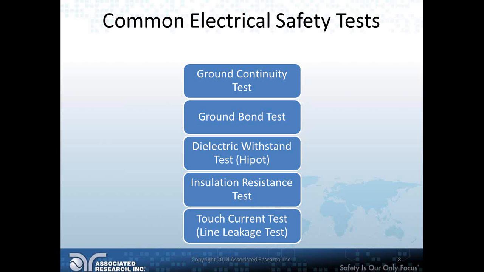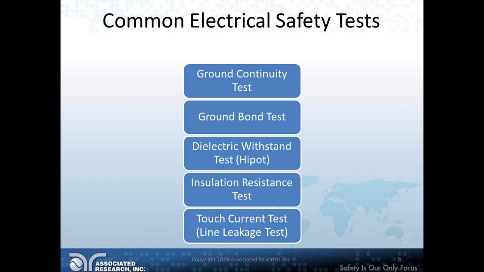Then we covered the dielectric withstand test, the Hipot test, which also stresses the insulation, but it looks for leakage current. And the result of a dielectric withstand test, especially the DC dielectric withstand test, is very similar to the insulation resistance test, but the result is slightly different.